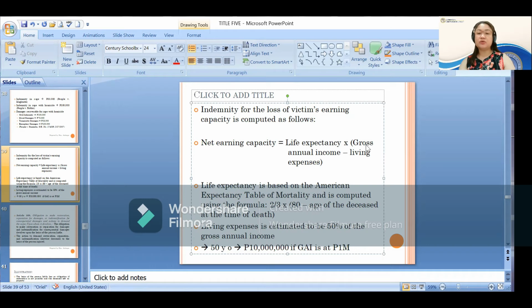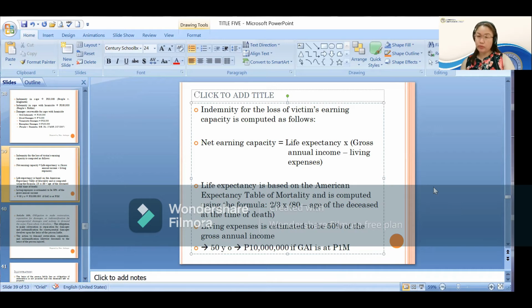Now you have there the gross annual income. Let us say that the gross annual income of the deceased is 1 million, minus living expenses, which the law presumes or estimates to be at 50%. So 1 million minus 500,000 equals 500,000.